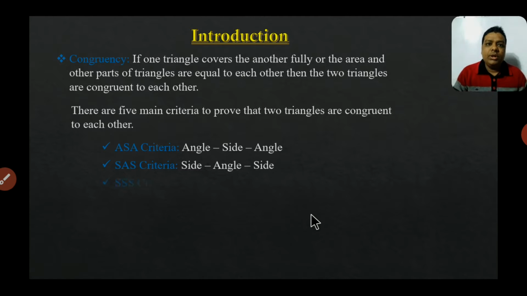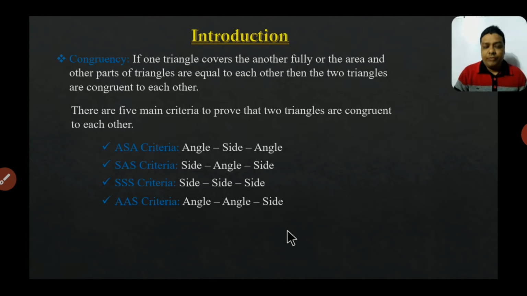Okay dear. Now, SSS criteria. If all the sides of the first triangle are equal to all the sides of the other triangle, then we can say that both triangles are congruent to each other. Now, AAS criteria. It means two angles and the next side of the first triangle are equal to the same of the other triangle, then we can say that these two triangles are also congruent to each other.